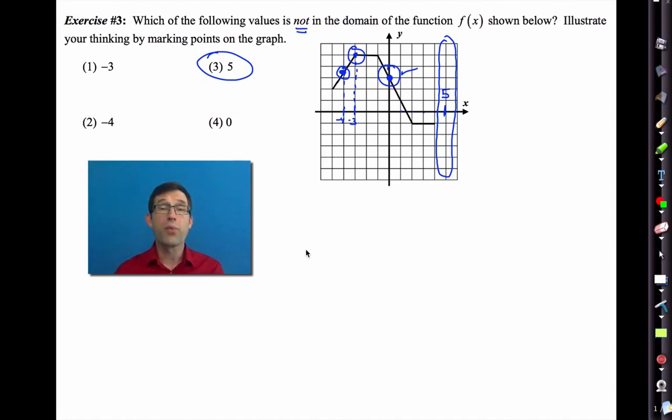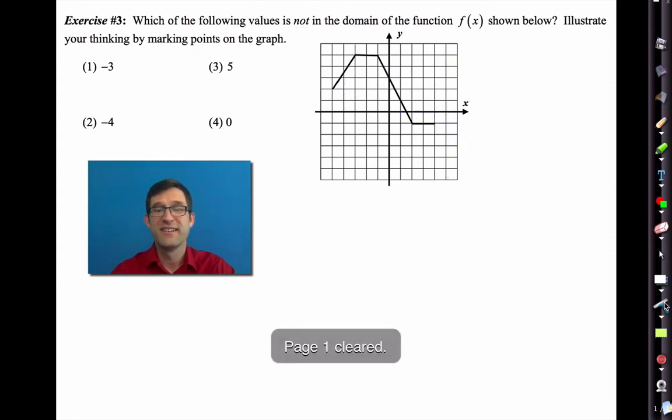All right, the most important thing about exercise 3 is knowing the domain are the x values, right? We wouldn't want to be looking at the y values here. Okay, I'm going to clear this out, and then we'll go on to a last problem involving our friend, the piecewise function again. Okay, all cleared out.